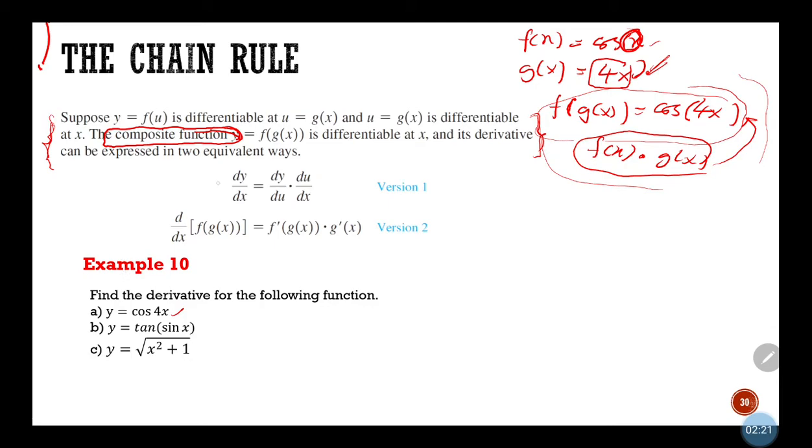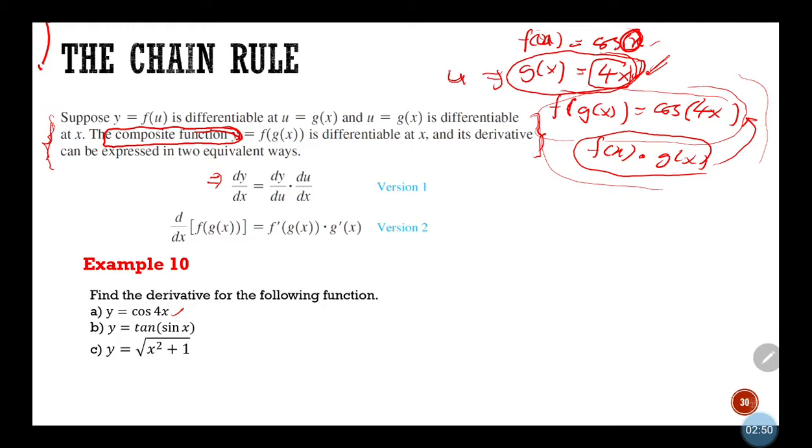There are two ways to differentiate using the chain rule. Sama ada you gantikan gx ni with a variable u. So what you will have kat sini, kalau macam tadi fx cos x, maknanya sekarang jadi fu.